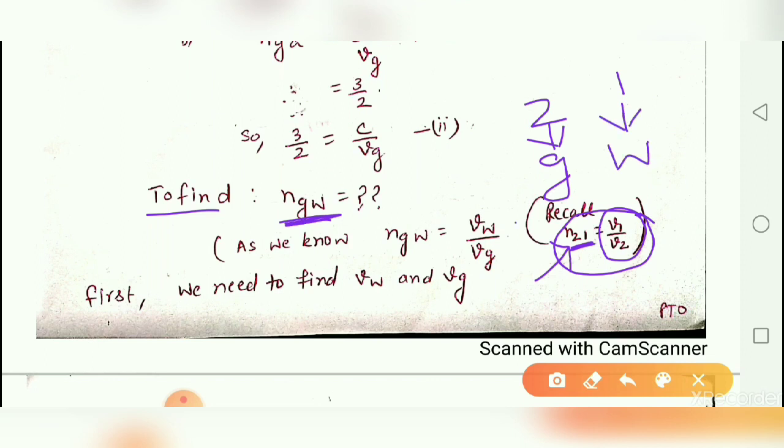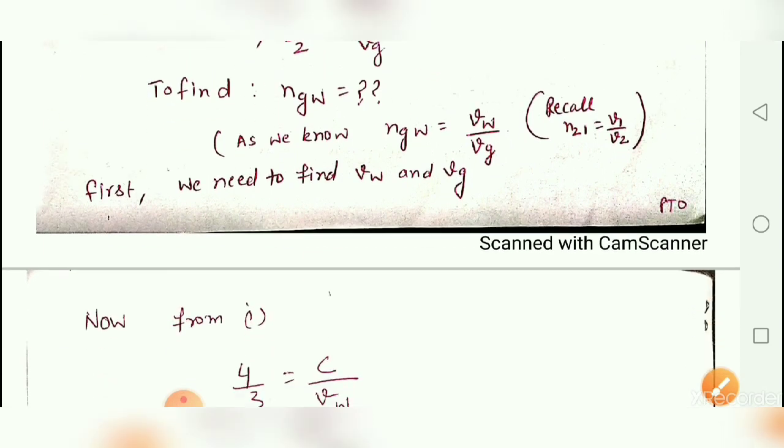So we will write the refractive index of glass with respect to water as speed of light in water with respect to speed of light in glass. Now for solving this, we need to find the values of VW and VG. Now let us see how to find them.